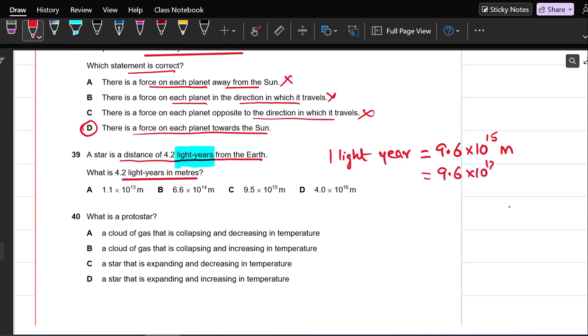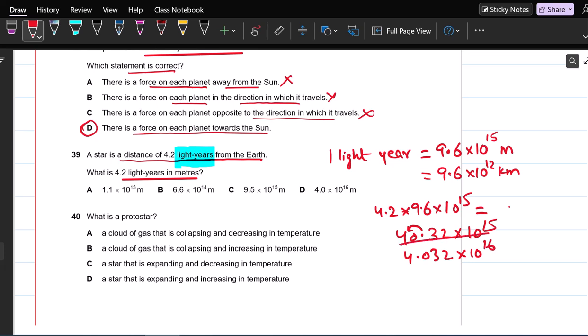So you simply multiply 4.2 with 9.6 times 10 power 15. 4.2 times 9.6, I'm getting 40.32 times 10 power 15. If I shift this, it will be 4.032 times 10 power 16. So according to this, D is right.